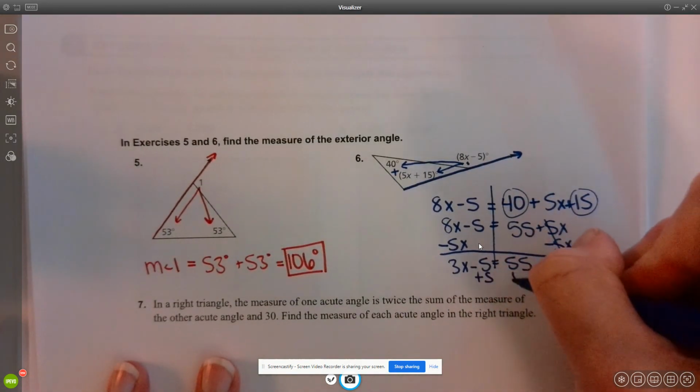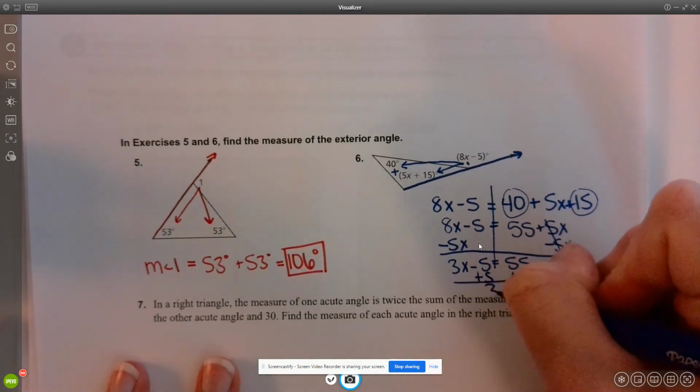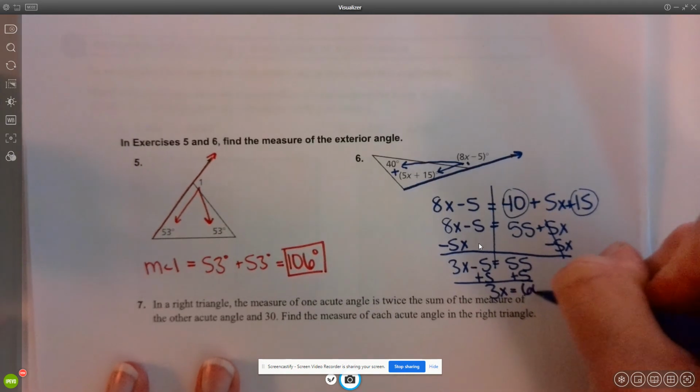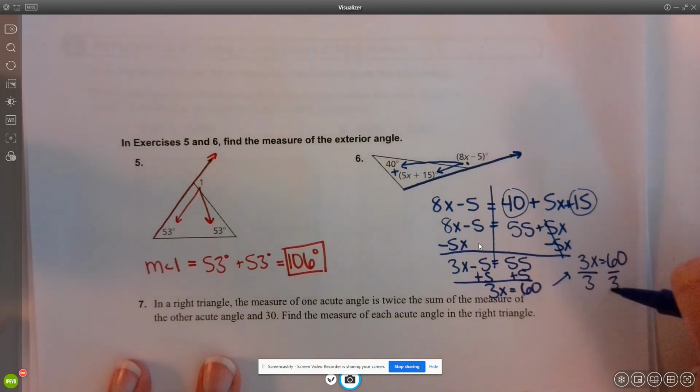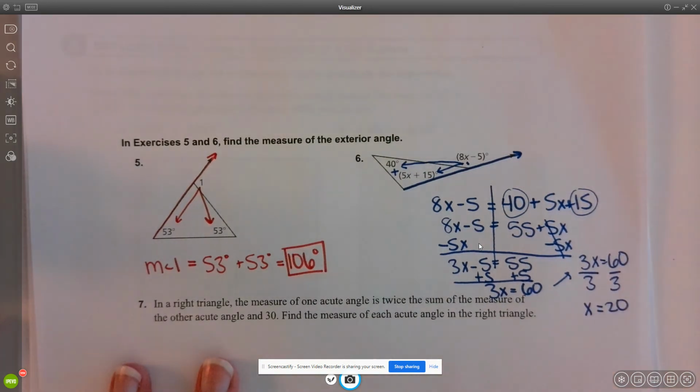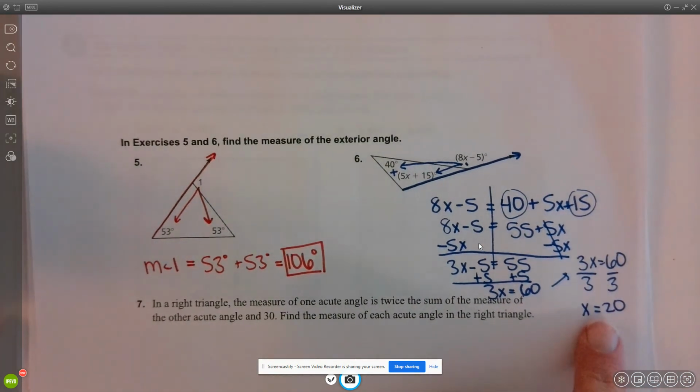Add 5 to both sides. I'm running out of space. Then divide both sides by 3. So I see that x is equal to 20.